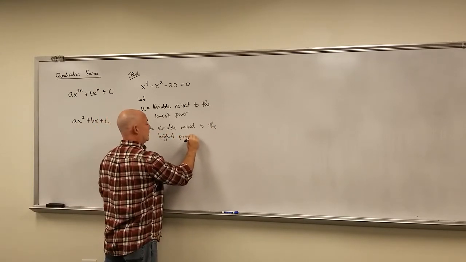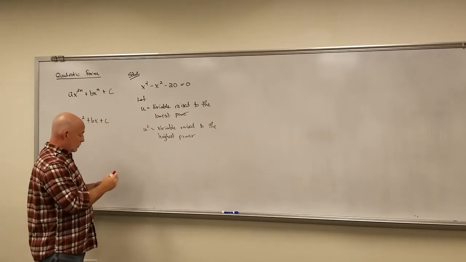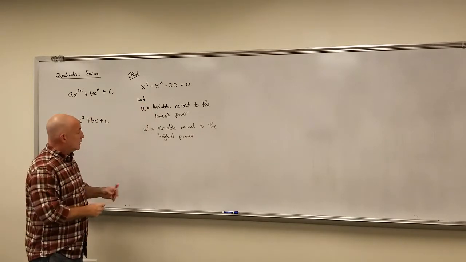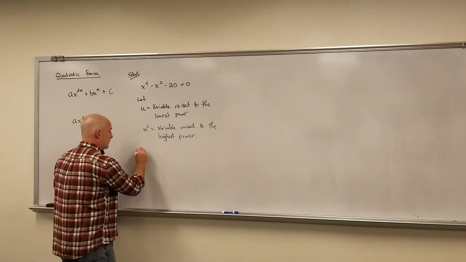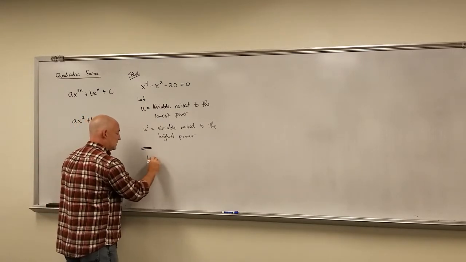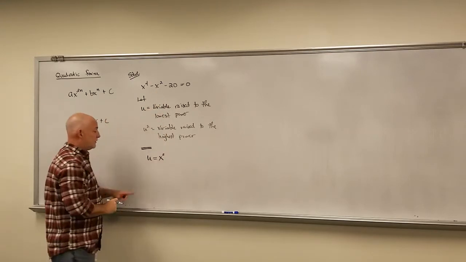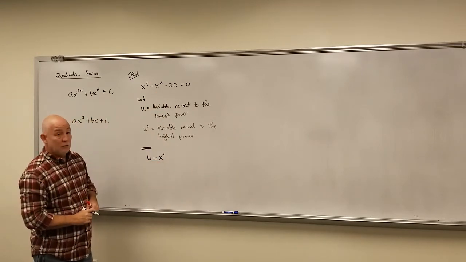Okay, now what do I mean by this? Well, in this equation here, we can see that our variable is the letter x. So our substitution for this problem, we would say let u be equal to x squared, right? The variable raised to the lowest power.